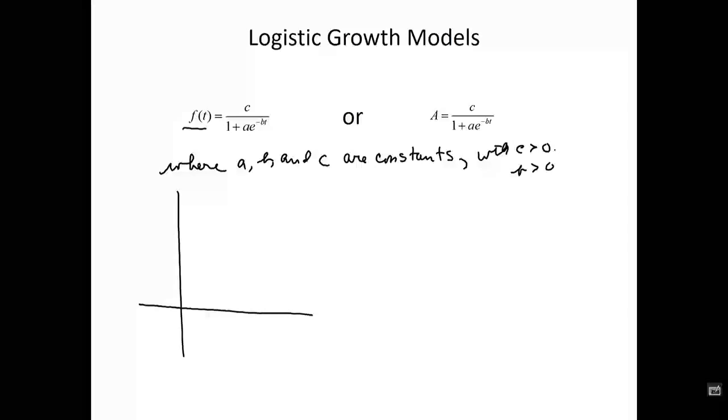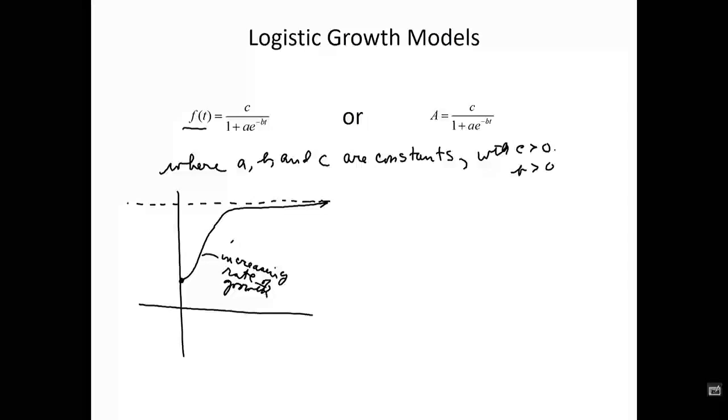All right, so let's say we begin here. This is the original. And the logistic growth model illustrates that the function begins to increase. And then it begins to level off. So this is the increasing rate of growth.